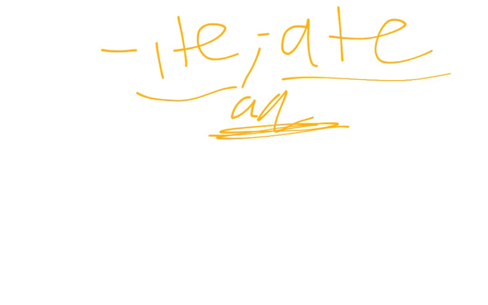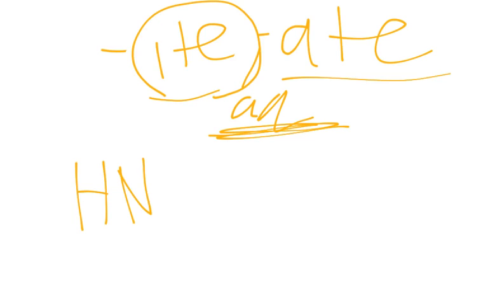So now let's look at acids that have an ite for its anion. So what if we had something like HNO2? What would its name be? Well, the format for naming acids that end with an ite or ate for an anion will be blank acid.